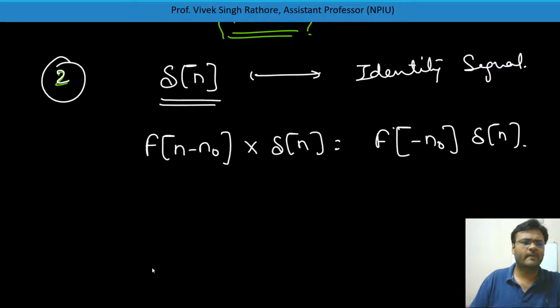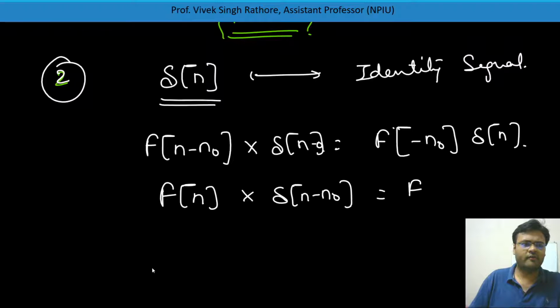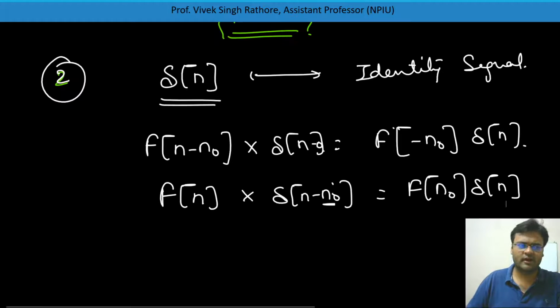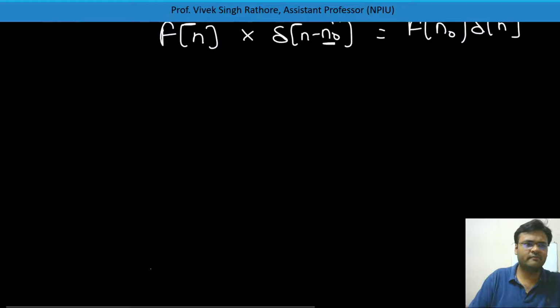For n minus 0, you will get it like this. And if you are doing f n into delta n minus n naught, you will get f of n naught, because whichever value n minus n naught gives, you can put it in, and delta n is there. This you have seen earlier in multiplication.